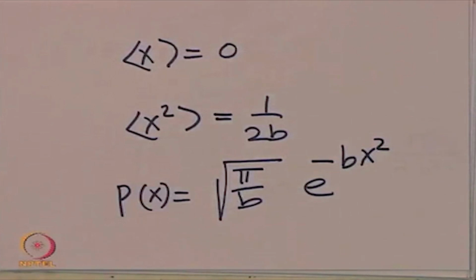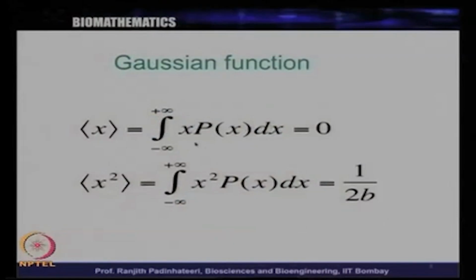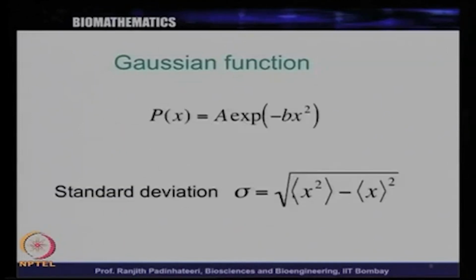This is roughly what is written in the slide: x average is the integral of x p of x dx, which is 0, and x square average is the integral of x square p of x dx, which is 1 over 2b. And what is the standard deviation? The standard deviation is the root of x square average minus x average squared.